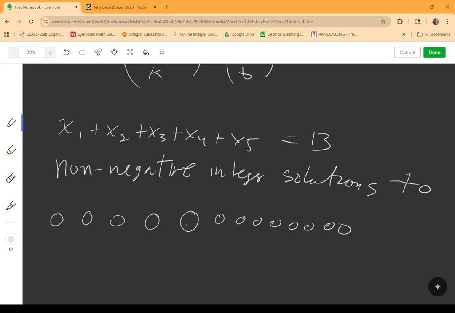So if I have 5 bins, I'm going to need 4 sticks. You can think of the sticks almost representing those plus signs. So if you displace them out here like this, then we can think of this as my x1, x2, x3, x4, x5, and we can just add them up right there.